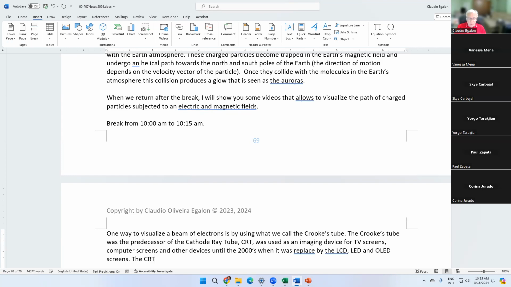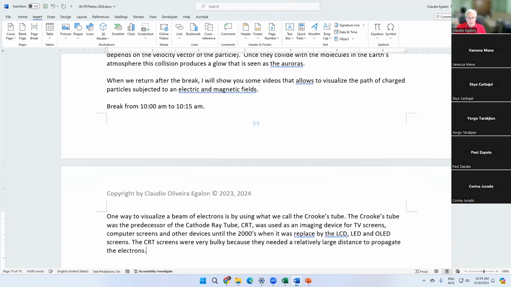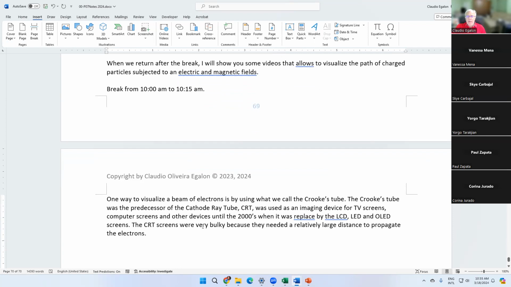The CRT screens were very bulky because they needed a relatively large distance, right? Relatively large distance to propagate the electrons. Okay, so one way to visualize a beam of electrons is by using what we call the Crookes tube.